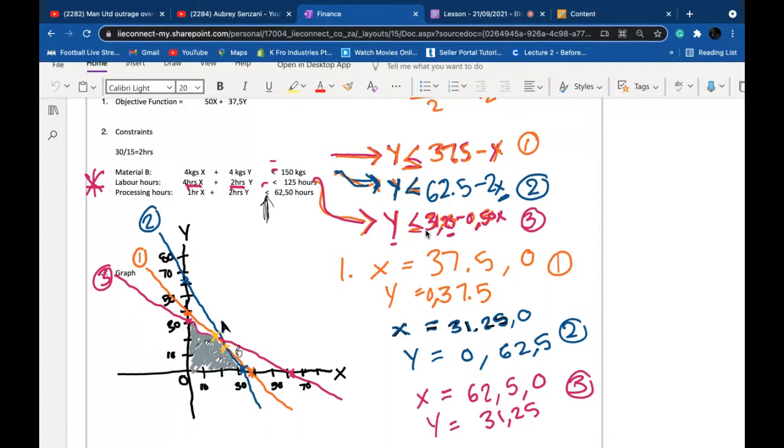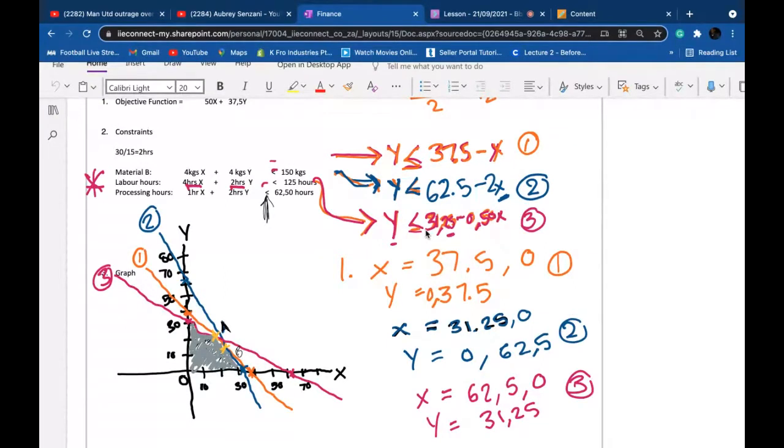Then, with labor hours, you only have 125 labor hours. With processing hours, maybe you have machinery. Your processing hours is 62.5 hours. That's how much you have. Now, based on those constraints, we can draw up lines.